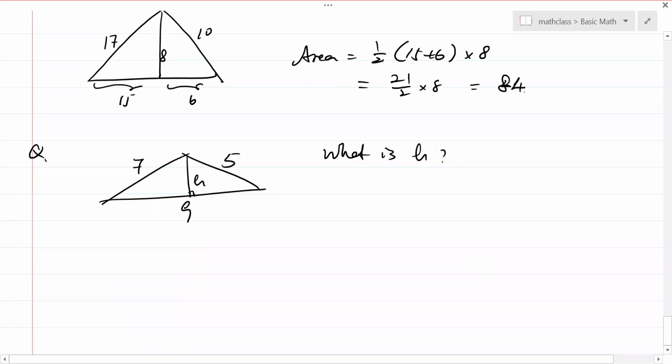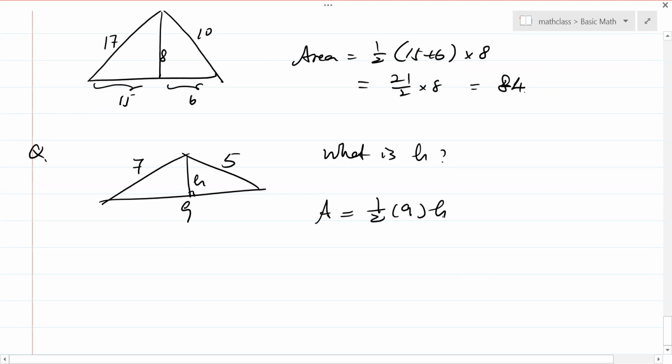How do you find it? Any idea? If you are able to find the area, it is going to be half of 9 times h.